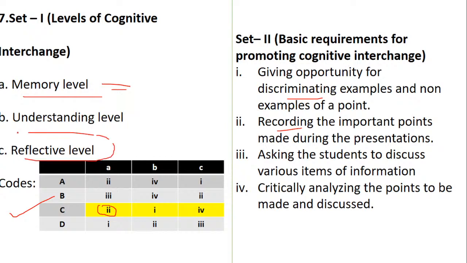Now comes the reflective level. In the reflective level, you are giving importance to analysis. We have learned it is basically on problem solving, so it is critically analyzing. So option number 4 is the right answer, and in that sense option C is the right answer for the given question. Majority of you went right.